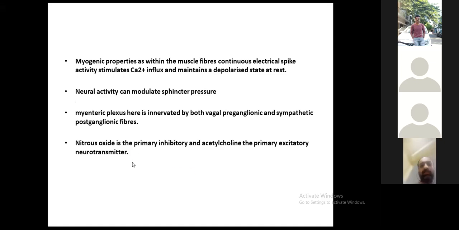The neural activity can modulate the sphincter's pressure. The myenteric plexus here is innervated by both vagal preganglionic and sympathetic postganglionic fibers. Nitric oxide is the primary inhibitory factor, and acetylcholine is the primary excitatory neurotransmitter seen in the lower esophageal sphincter.